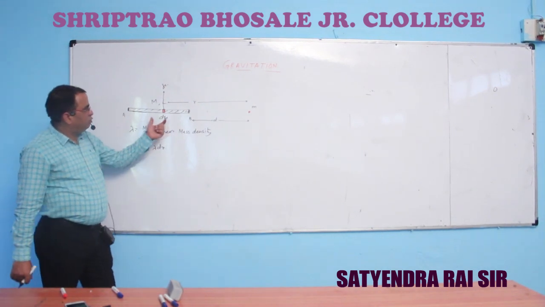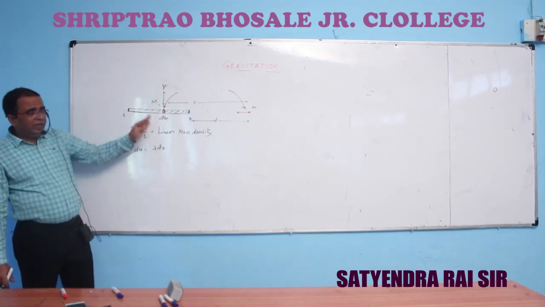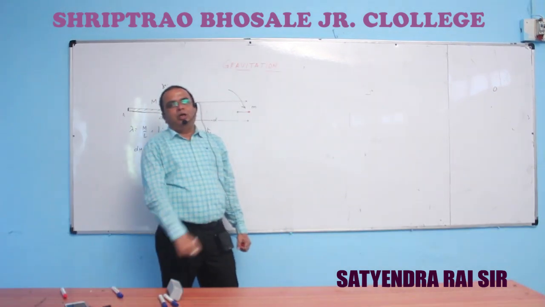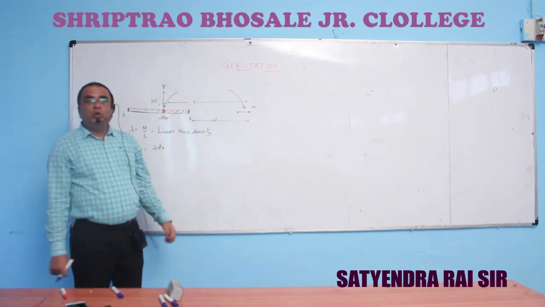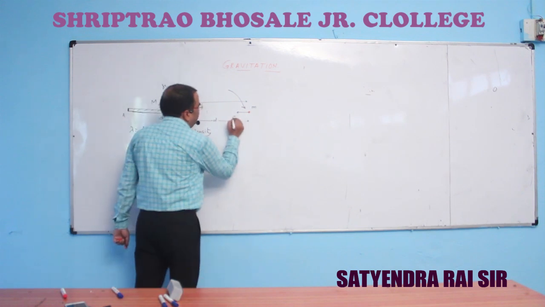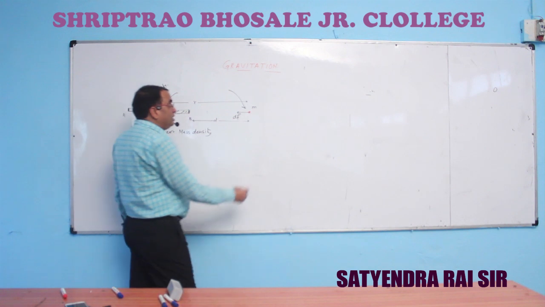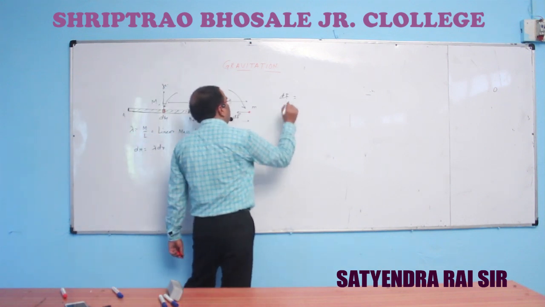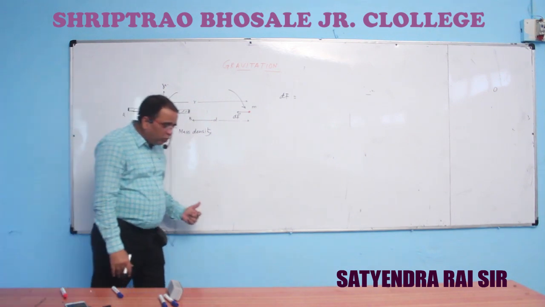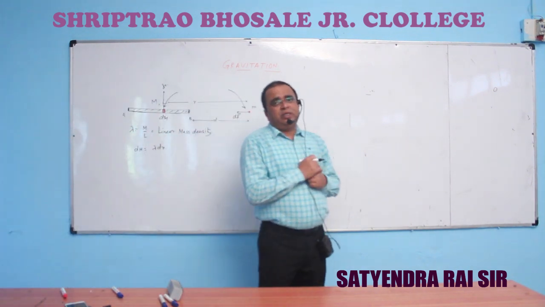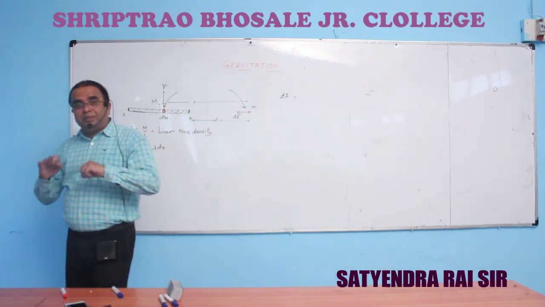Since we are dealing with a small element of the rod and the point mass given, the force is also an elementary force dF. And what is dF here? Since the element we have taken is very small, we can now easily use it as a point mass.